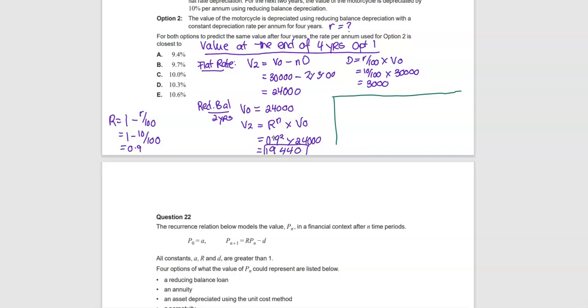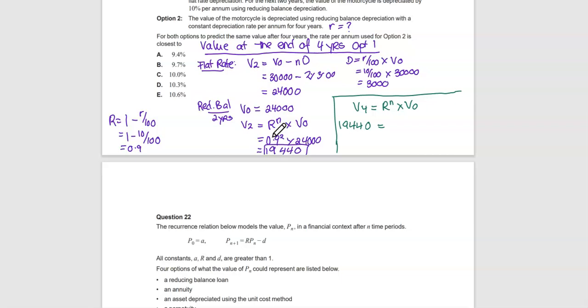We know what the value at 4 years would be, and it's the reducing balance formula, so it'll be this. So we know V4 is going to be the same value, so 19,440 equals now the rate.